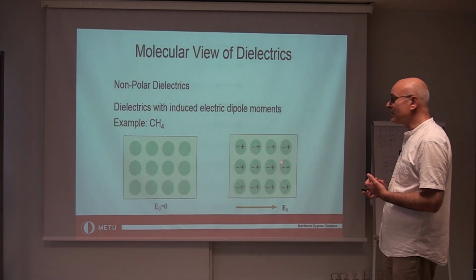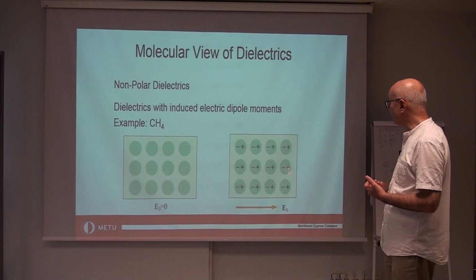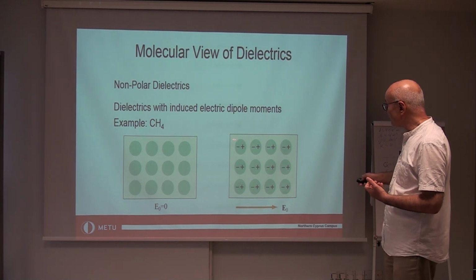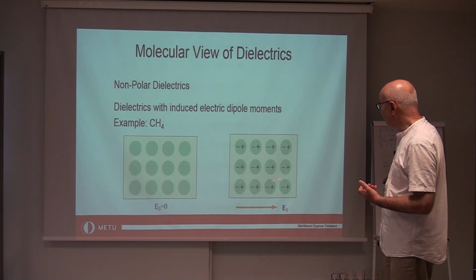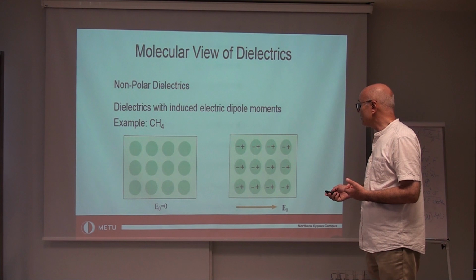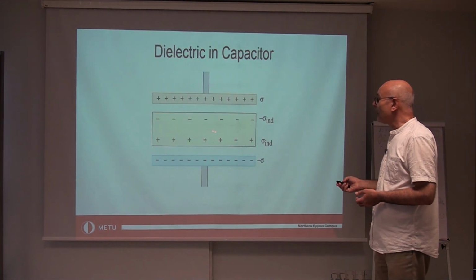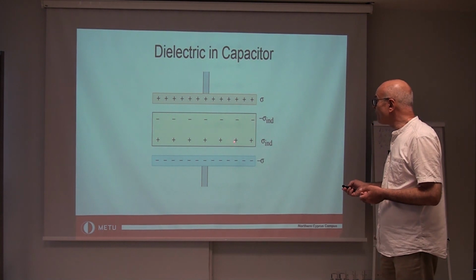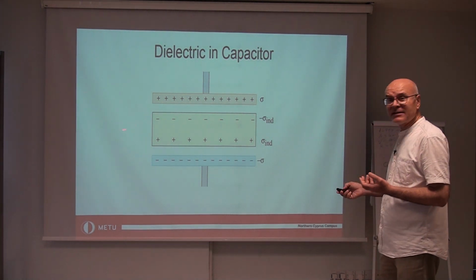As you can see, the electric field is in this direction, so it's the positive plate here and the negative plate here. You will have this positive charge appearing at this surface, and the induced negative charge appearing at this surface. Inside, there are the polarized molecules. And as a result, we will have an induced electric field.